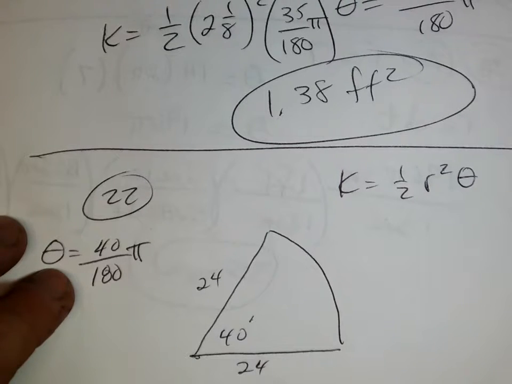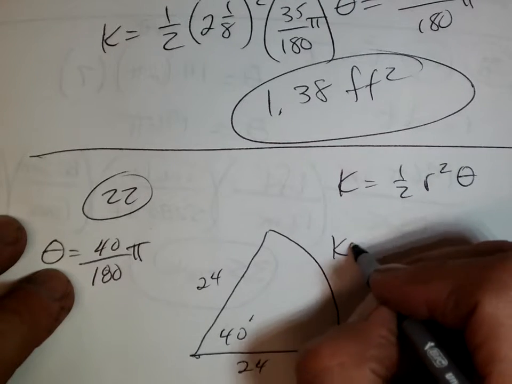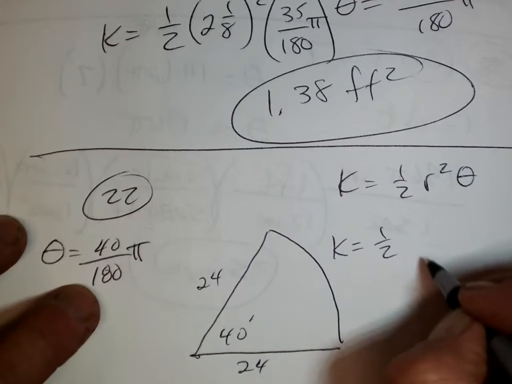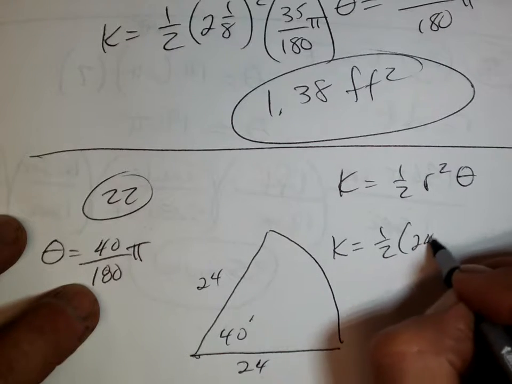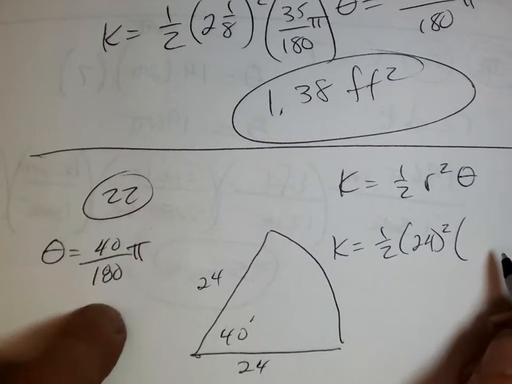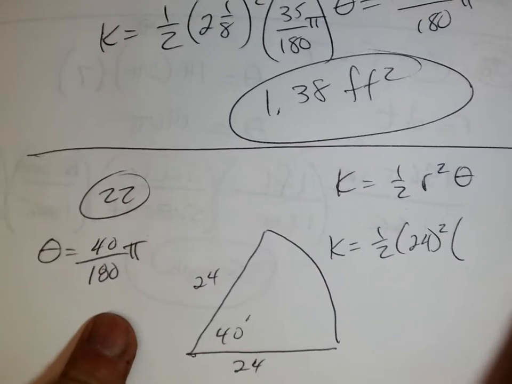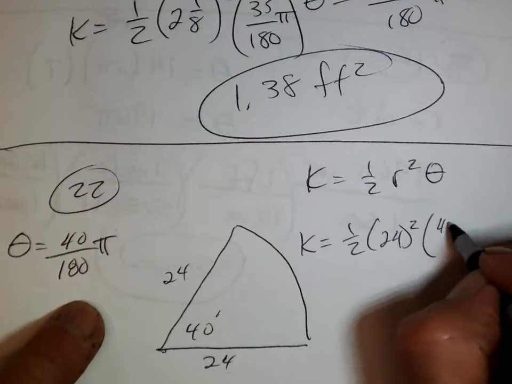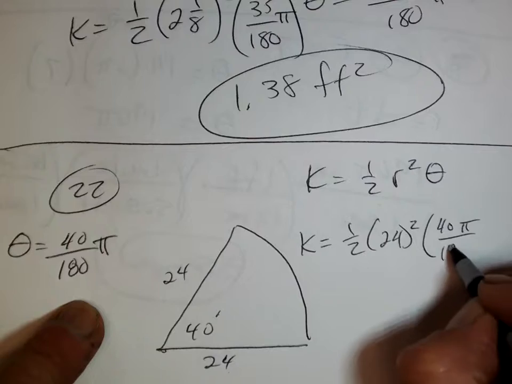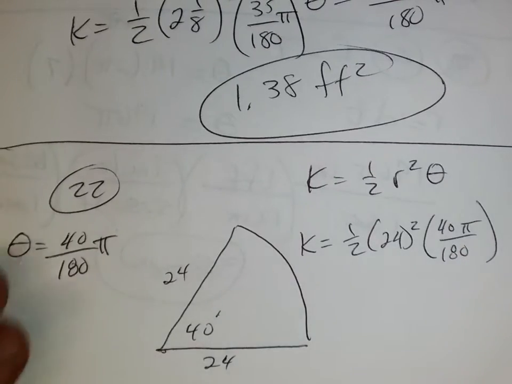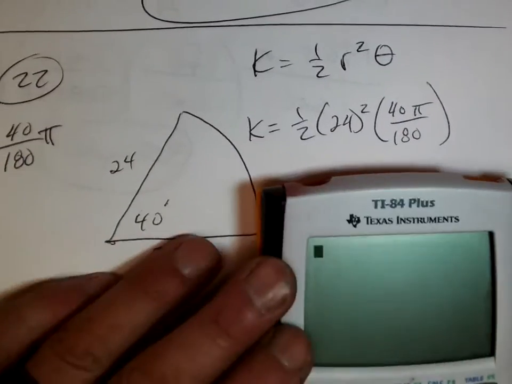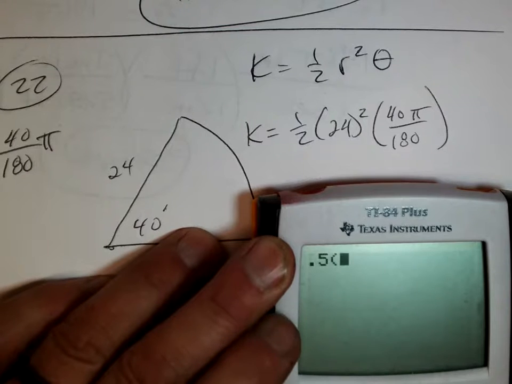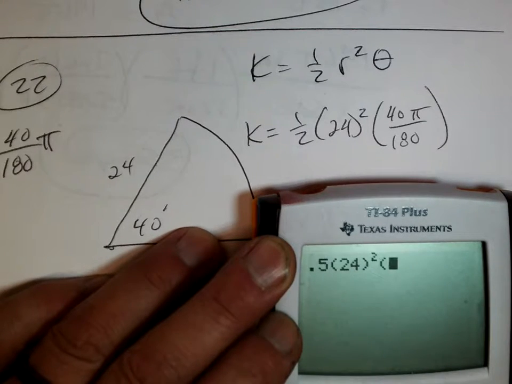So my radius is 24, so my area is going to be 1/2 times 24 squared times theta in terms of radians, which is going to be my 40 pi over 180. And I'm just going to use my calculator. This time I'm going to do it right. You guys got an extra problem. 0.5 times 24 squared times 40 pi divided by 180.